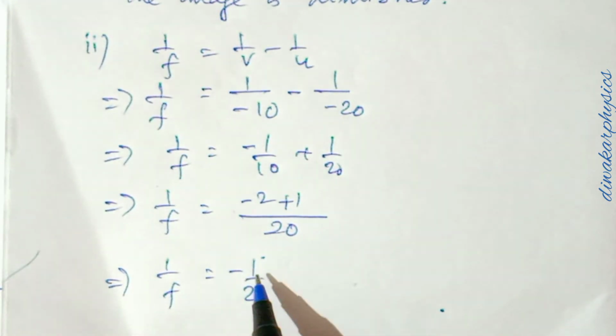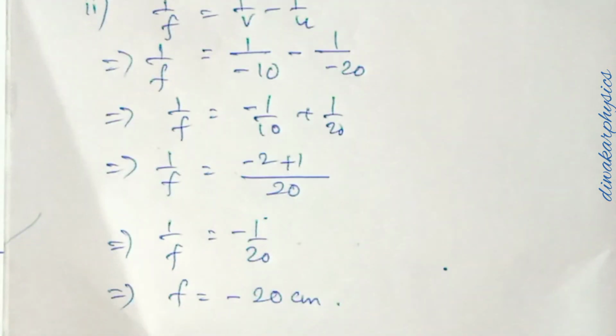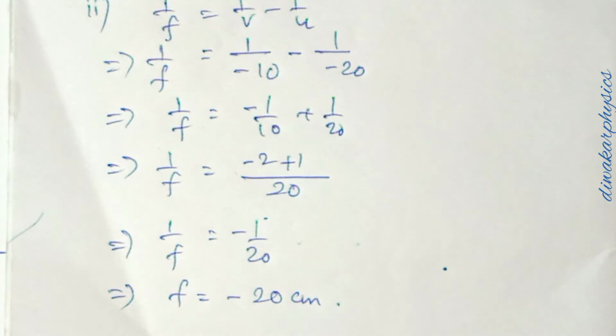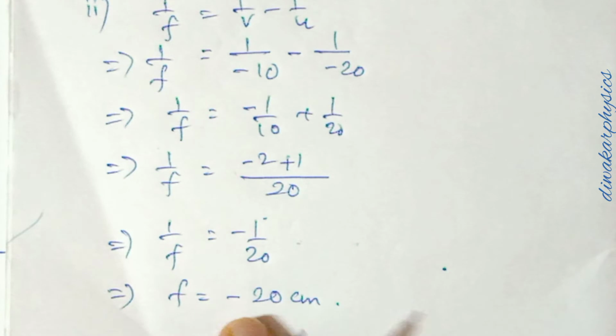And don't divide minus 1 by 20 and write 0.005. So f is equal to minus 20 centimeter. Now here you have got f equal to negative 20. So it's correct because the focal length of a concave lens is negative. So you have got the right answer with the proper sign. This way we have to solve for a concave lens.